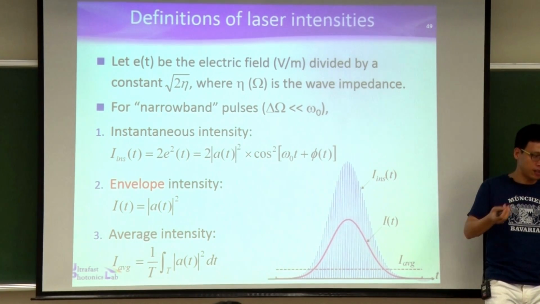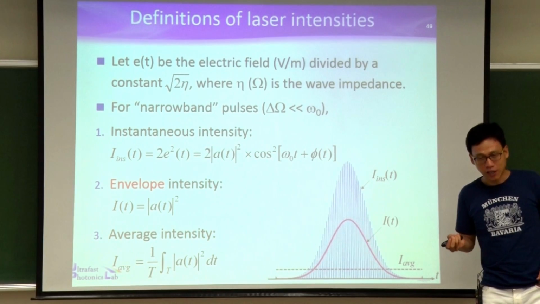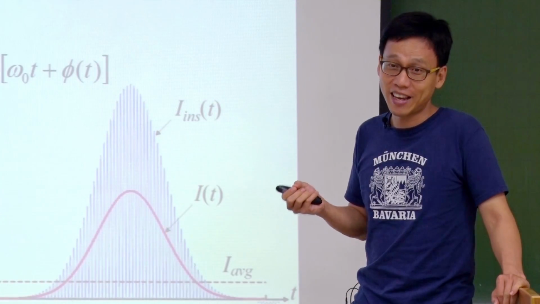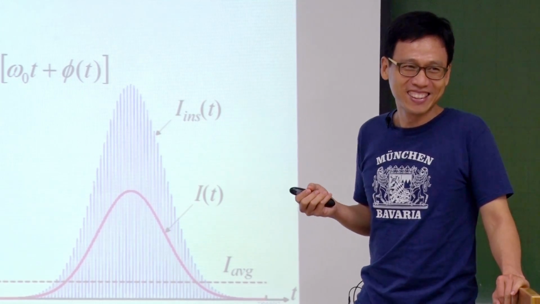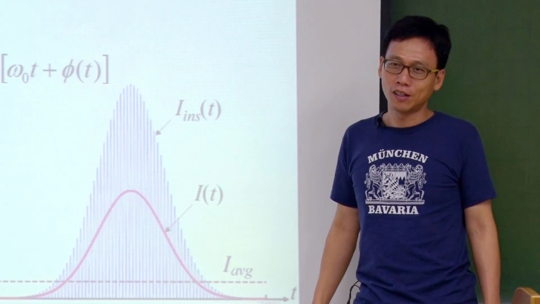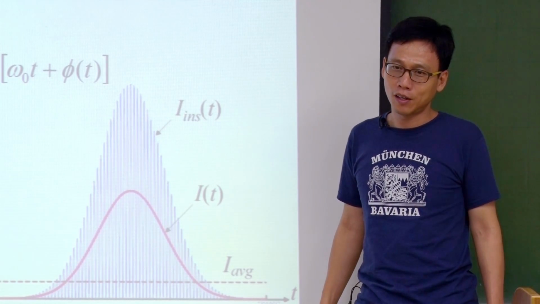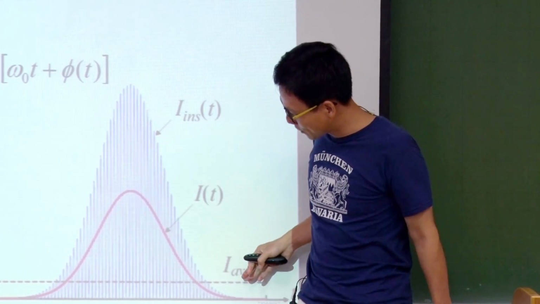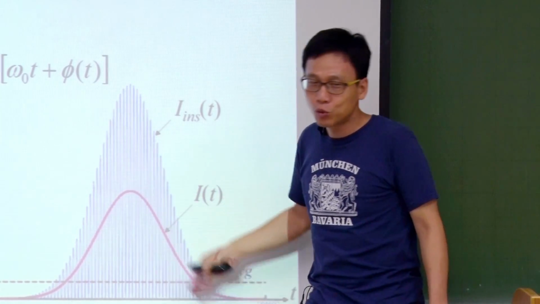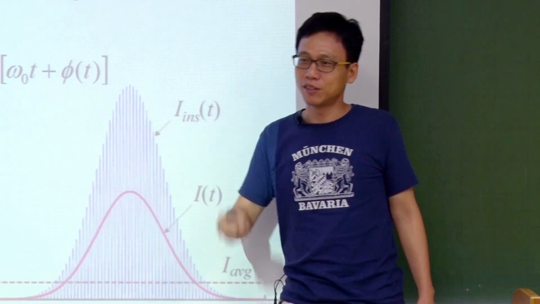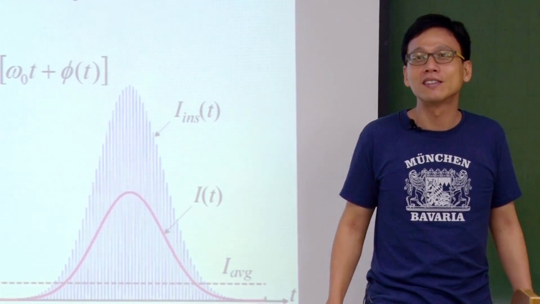Could be, as we discussed earlier, the electronic motion in an atom. It's very fast. But otherwise, these fringes don't matter. Your molecular system might respond to the red curve only. So we do not have to care about the fringes. Yes.